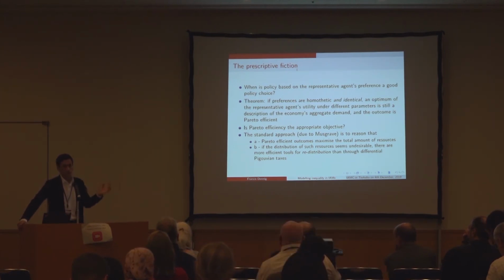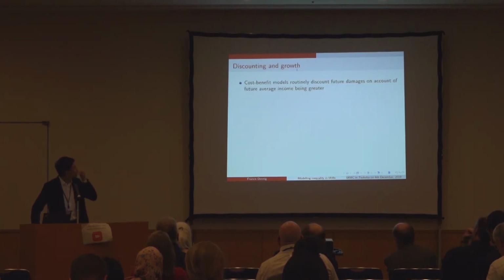And it's quite clear that that's not the case from the point of view of global climate change, right? And so that's the point of departure from some of the work that my colleagues and I have been doing.